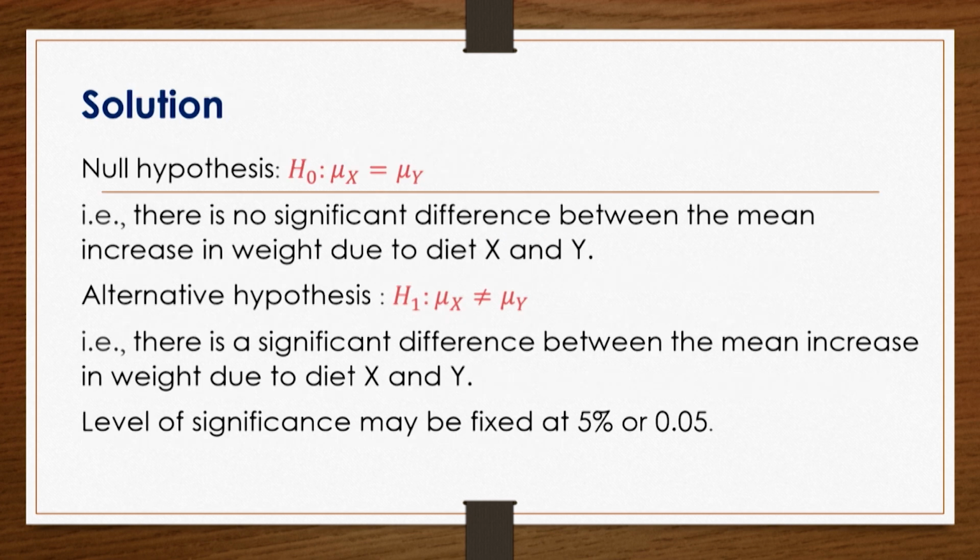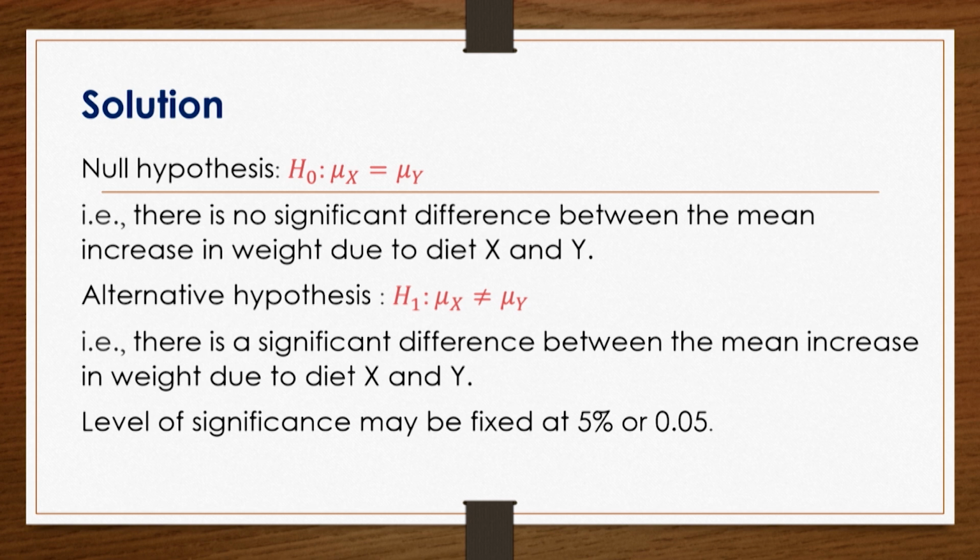Solution. The first step is framing the null hypothesis. Here we frame H naught: mu x equal to mu y, where x and y are diet x and diet y. That is, there is no significant difference between the mean increase in weight due to diet x and y.